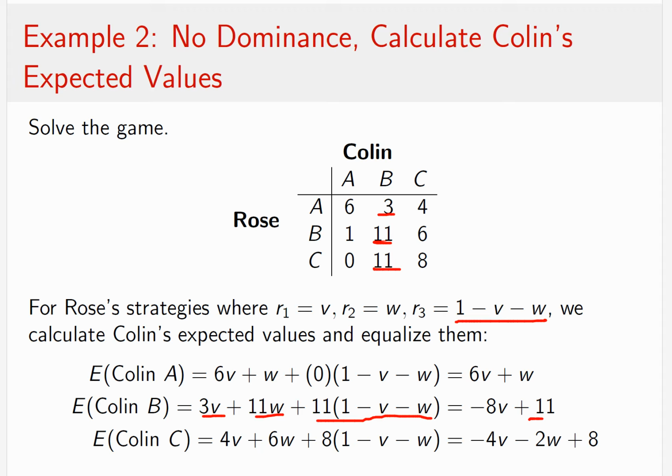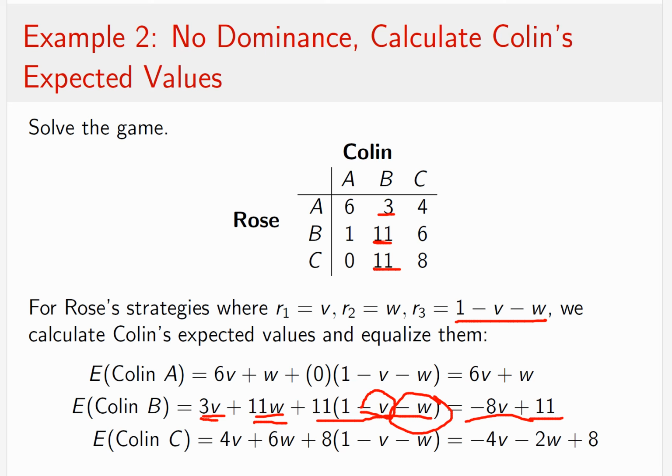So we end up with an 11, and we end up with negative 11V plus the 3V we already have, so it's negative 8V. And then notice we have positive 11W, and when we distribute, we have negative 11W, and they add up to 0. So I end up with the expected value, and there's no W term, right? The W terms have added up to 0. I have a plus 11 minus 11W, so the W's are gone.